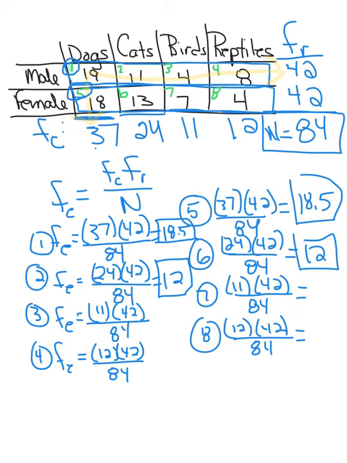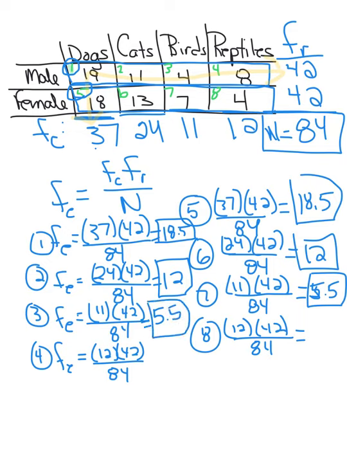Then we have, for cell 3 and 7, 11 times 42, right, divided by 84. That's 5.5. Sorry, this is sloppy. 5.5. We have 5.5 here.